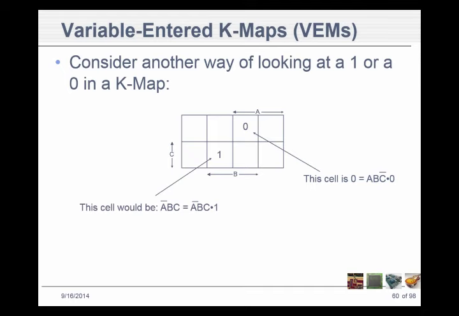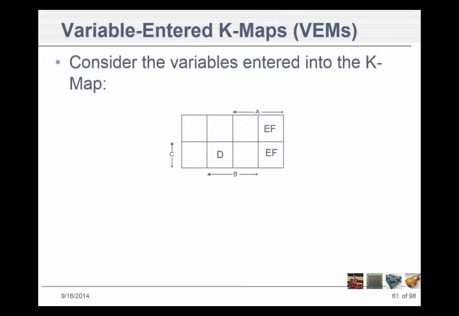It's still going to be 1. The other one should be not A, B, and C, and 0, and it would still be 0.